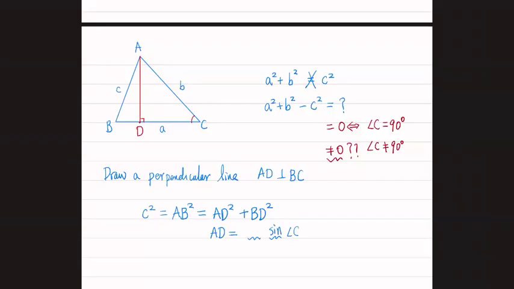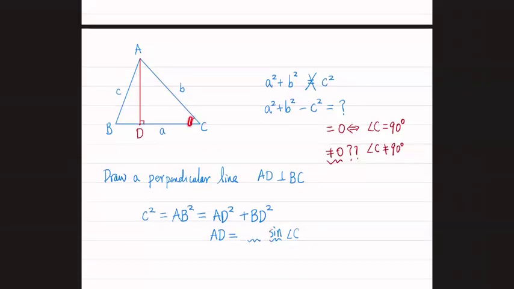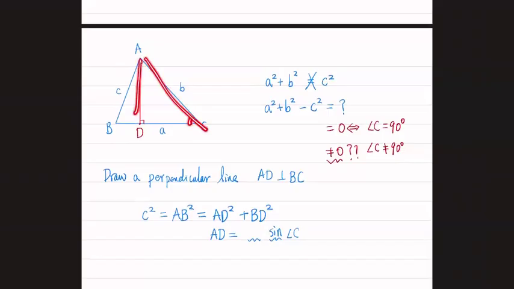Okay, now what's this missing part? In the right triangle, what is sine C? Sine C will be the ratio.